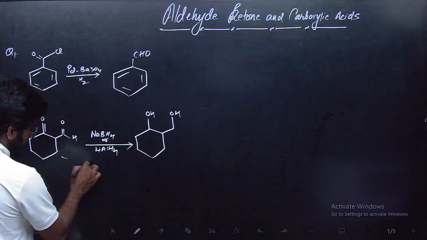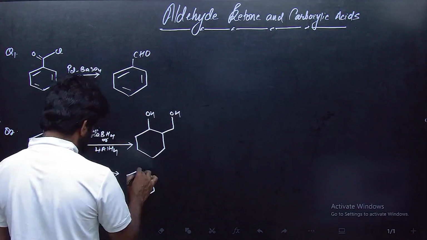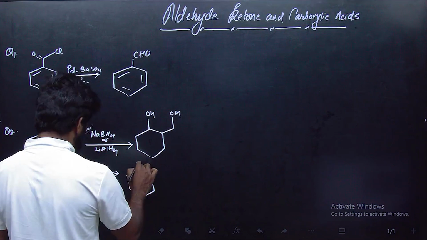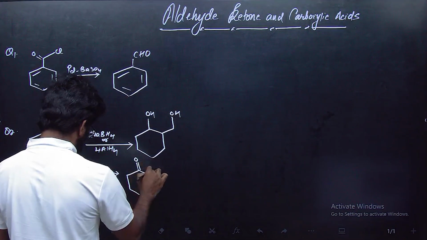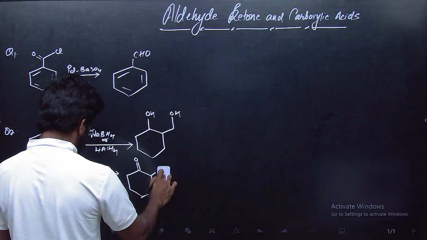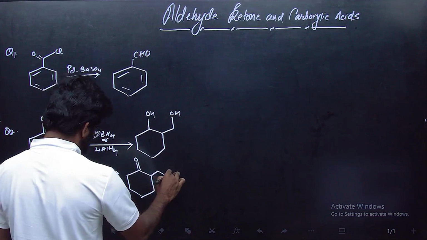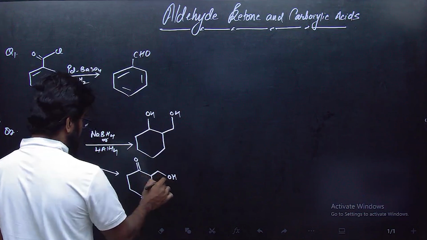But suppose from the given set of substrate, I want this. Now you have to be very specific. It is similar, I have just rotated this bond.